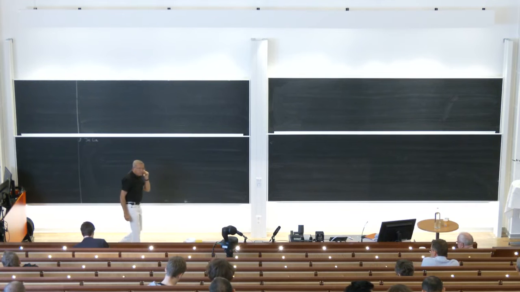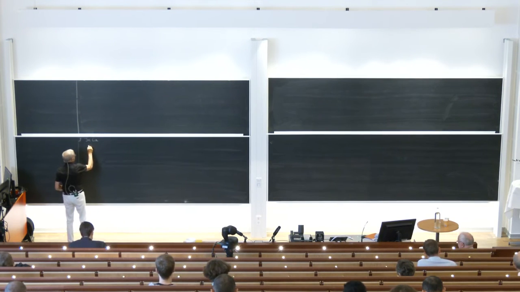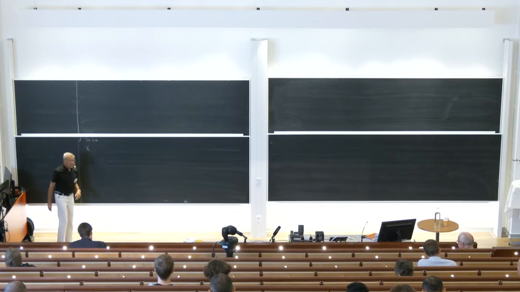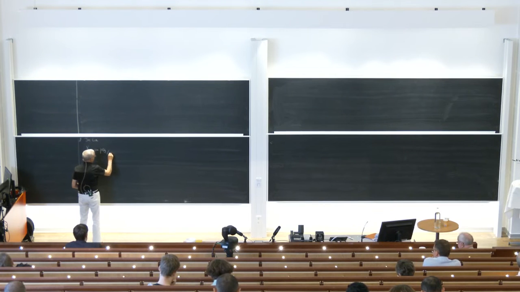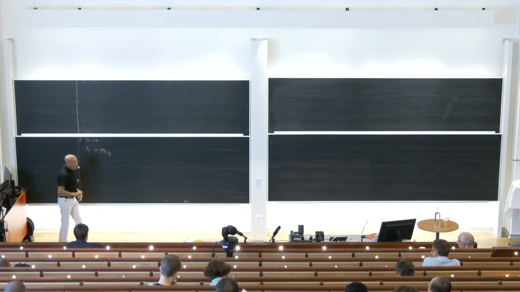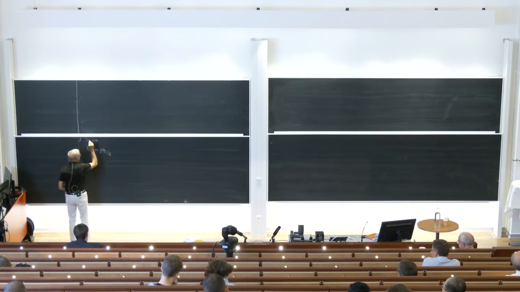And let me introduce some notation. So I will consider a smooth projective variety X, complex, and from time to time I need the dimension, so the dimension will always be n.